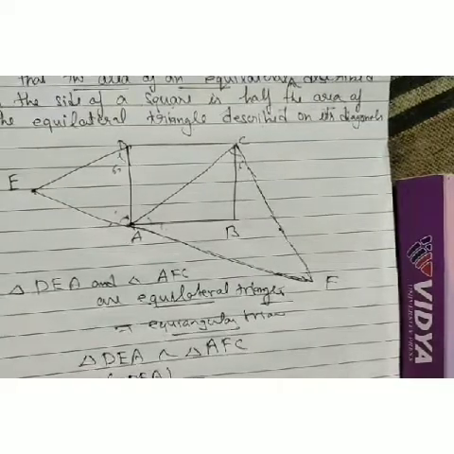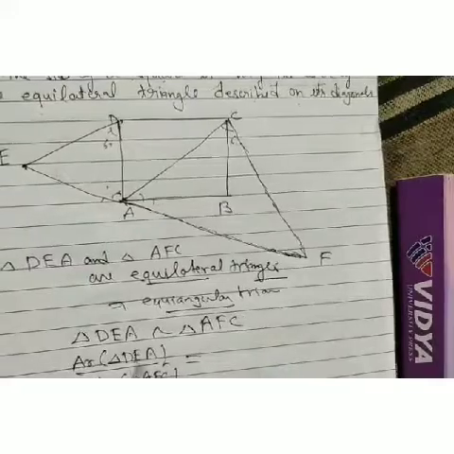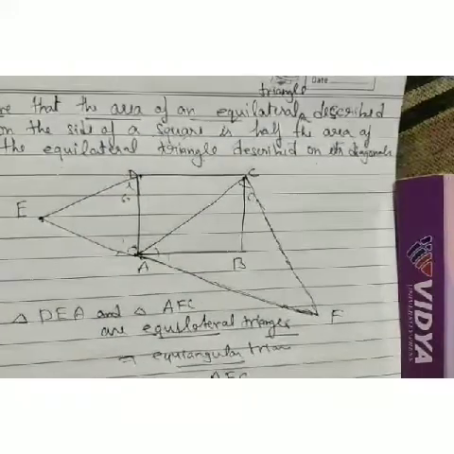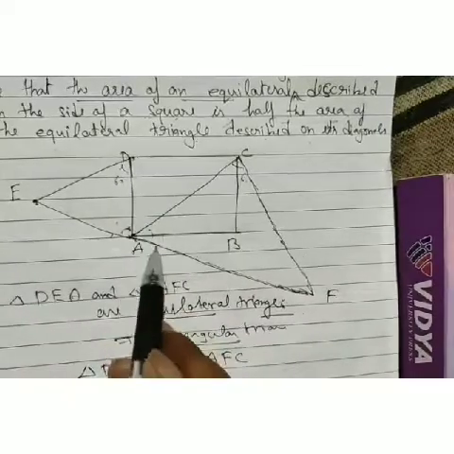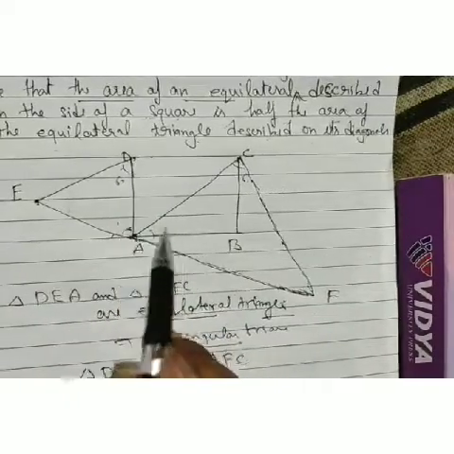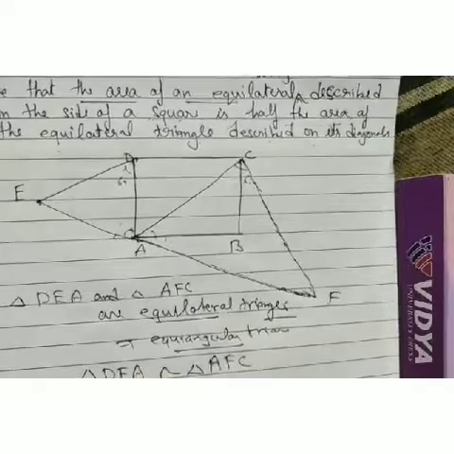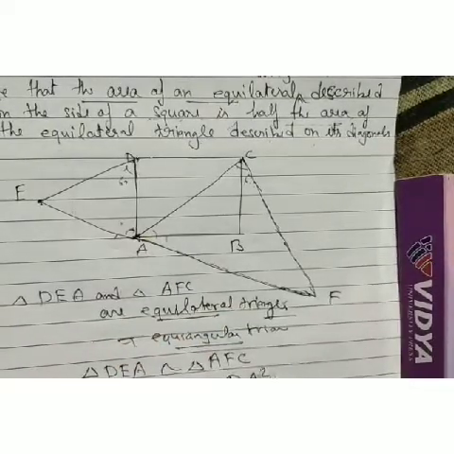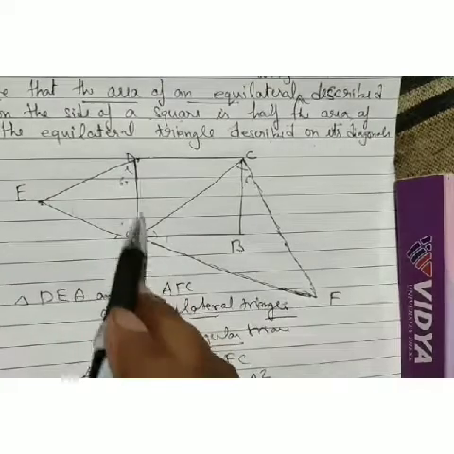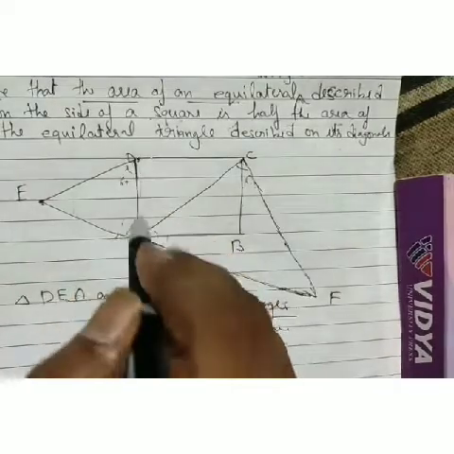Now look. Our DEA is an equilateral triangle. So the area of DEA over the area of AFC is equal to DA square over AC square, taking corresponding sides.